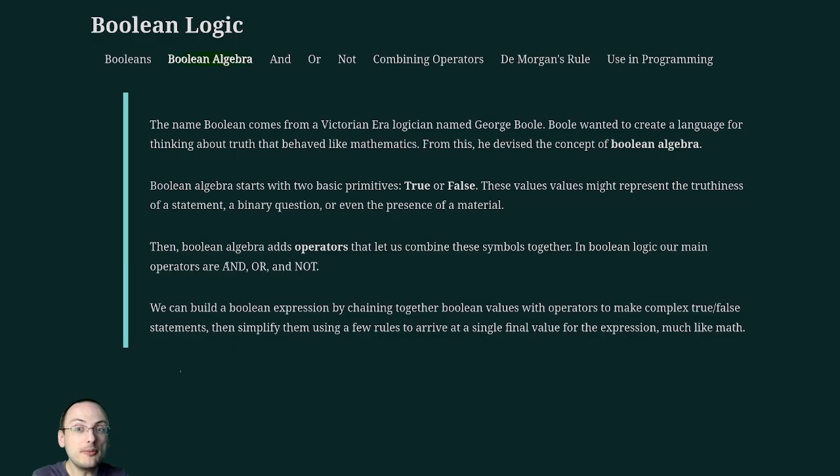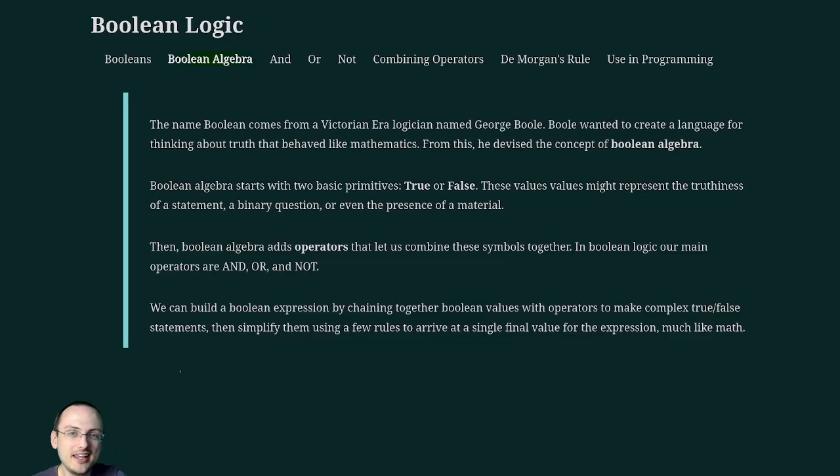The way that Boolean logic is built up is that we build a Boolean expression by chaining together Boolean values, true or false, with these operators and, or, not, to create complex true or false expressions.